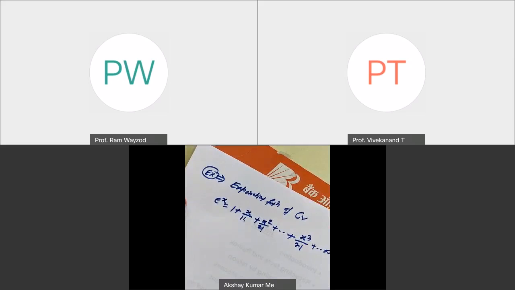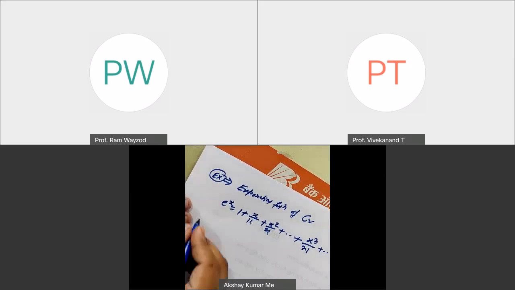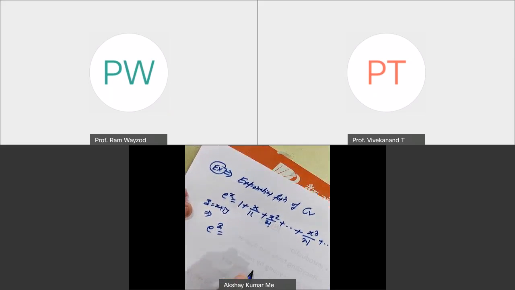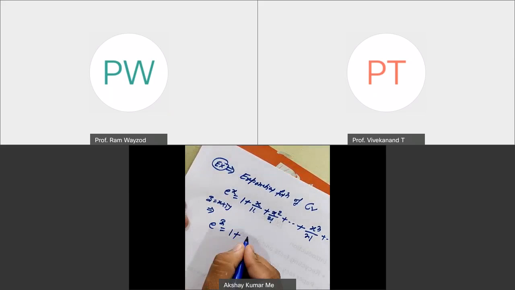This is the series for e to the power x. Now here we substitute x by z. So we get e to the power z is equal to 1 plus z upon 1 factorial plus z square upon 2 factorial and so on.